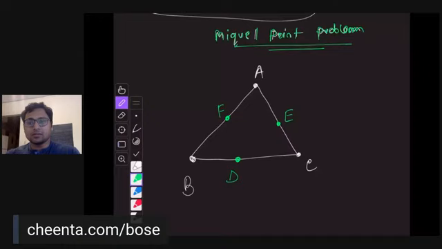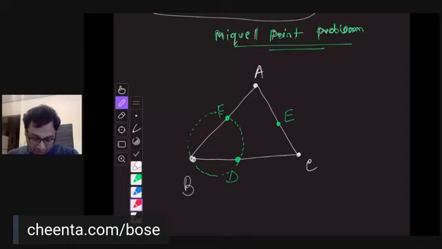All right, so what do we do? Well, we take the 3 points B, F, D, and we join them in a circle. You draw the circle that passes through these 3 points.